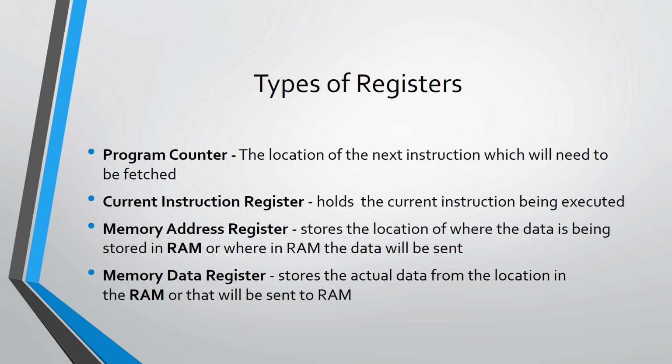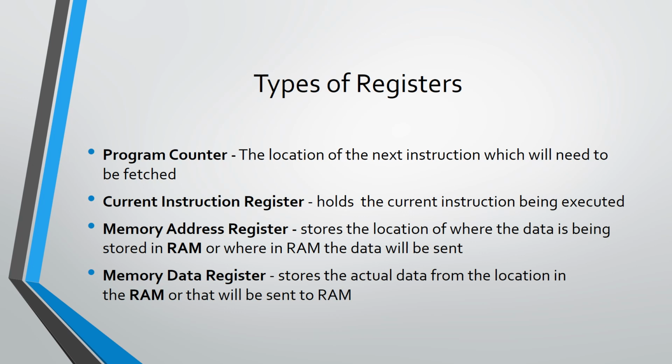Then come the registers. We have registers in our CPU to manage instructions. There are multiple types of registers: program counter, current instruction register, memory address register, and memory data register. The program counter stores the location of the next instruction that needs to be fetched.